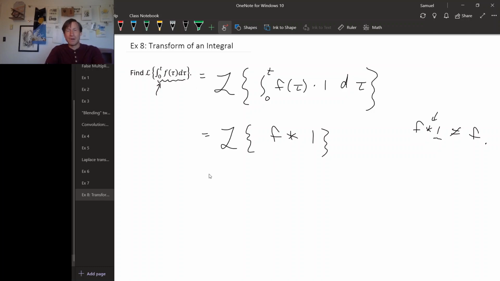At any rate, now that we have this function of t written as a convolution, we can just use the convolution theorem. So the Laplace transform of a convolution is the Laplace transform of the first function times the Laplace transform of the second function.